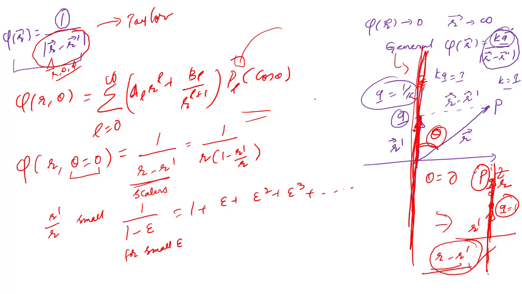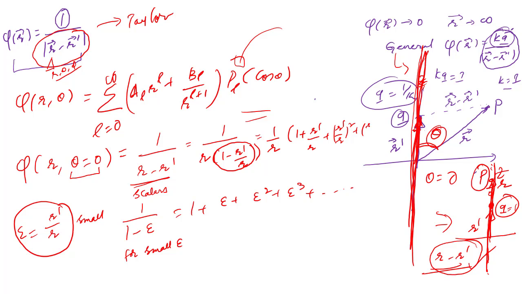So here we have 1 minus r prime over r, so our epsilon is r prime over r. So I can write this as 1 over r times 1 plus r prime by r plus r prime by r whole square plus r prime by r whole cube, and so on and so forth.